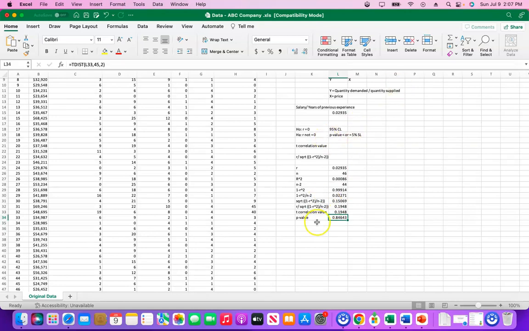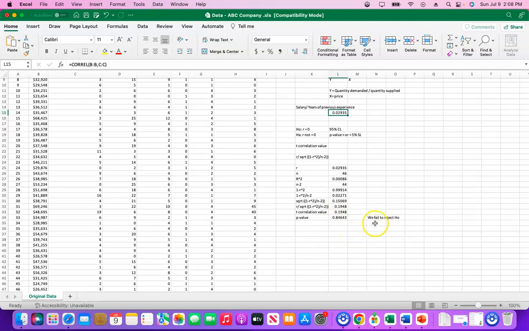So in this case, we will fail to reject H0. And if we fail to reject H0, then we can say that this correlation is not significant. And we have proved it by using the probability value.